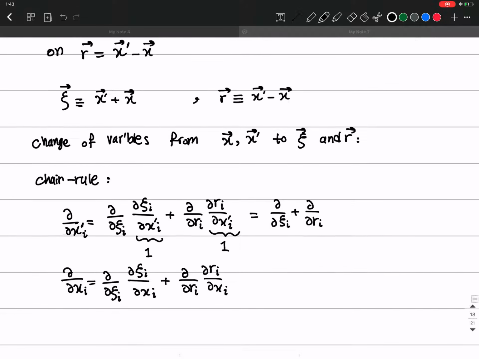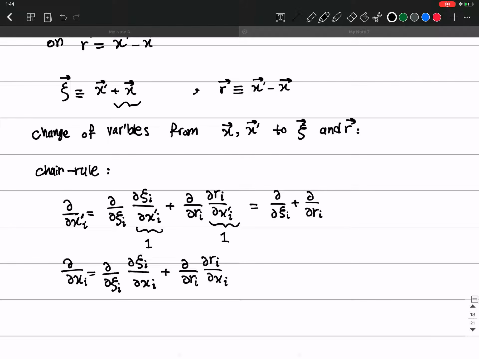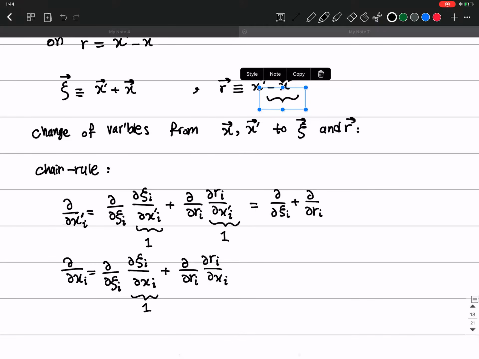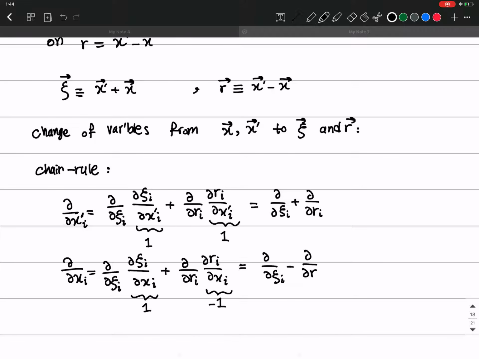So what is the derivative with respect to xi here? For ksi, it's 1. How about the second one? Here, it is minus 1. Partial r over partial xi, this is minus 1 here. You see it? So this equals partial over partial ksi i minus partial over partial ri.